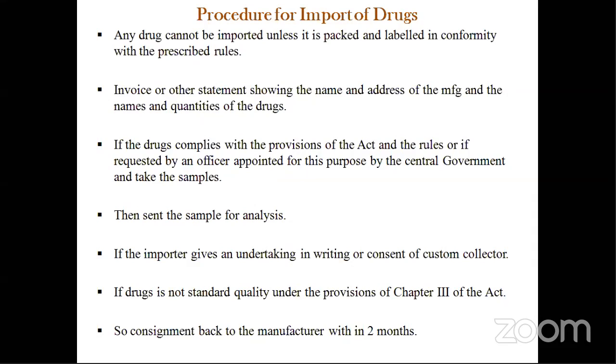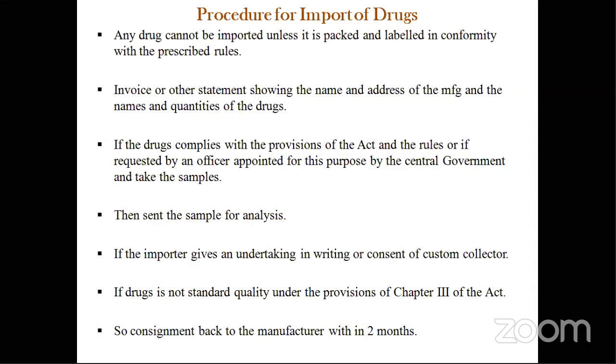Chapter 3 means all the procedures for the import of drugs under the Drugs and Cosmetics Act, rules and regulations. This chapter describes the whole import procedure: how to maintain the standard quality of the drug you import, with proper labeling and packaging quality, and how to import the drugs into the particular area. All those details are mentioned in Chapter 3 of the act.